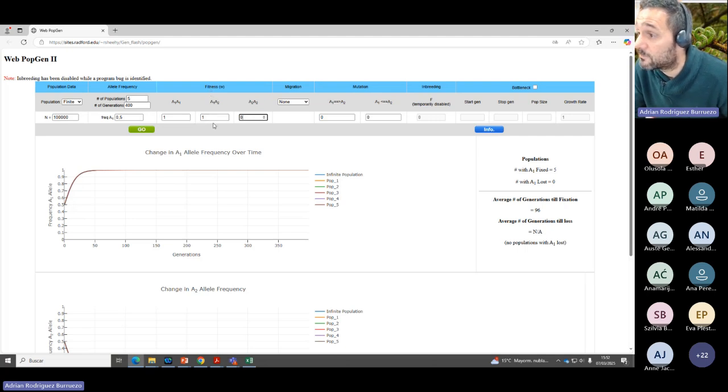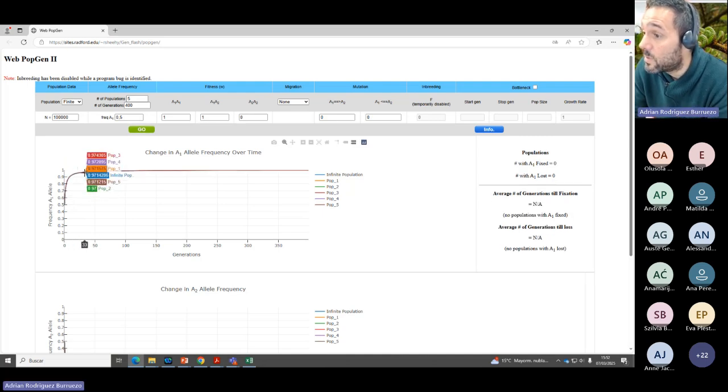But maybe some of the A2 alleles go hidden in the heterozygous. What happens? At the end, we will be able to make A2 individuals disappear, but as they go hidden in the heterozygous, the total disappearance or extinction of A2 will take many generations.